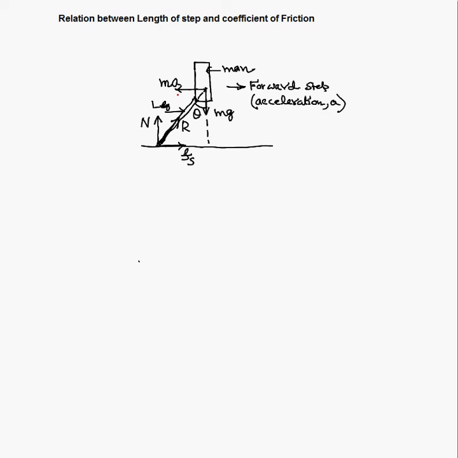Forces on the man are pseudo force Ma backward, weight Mg downward, and contact force R on the foot.